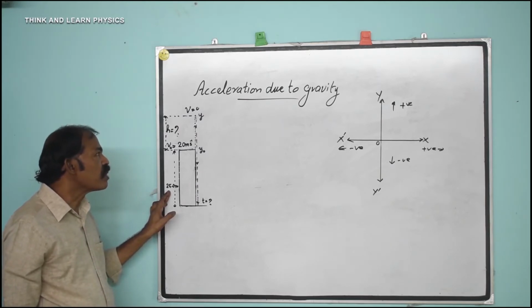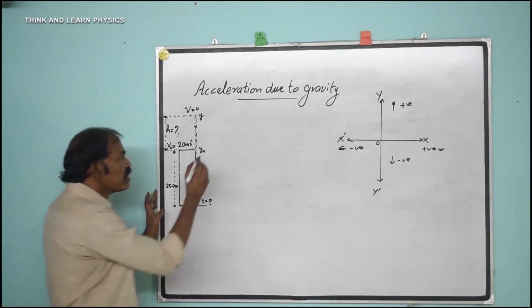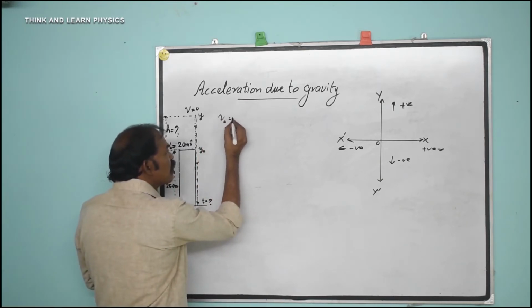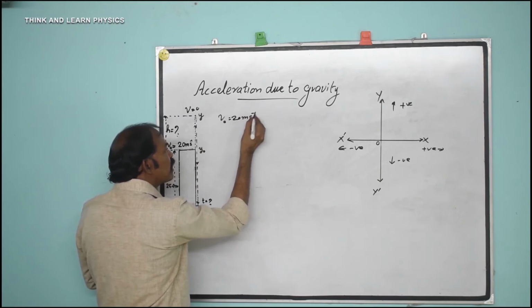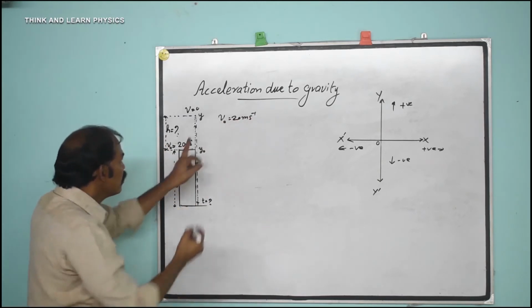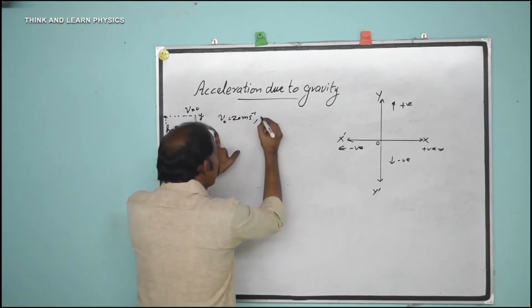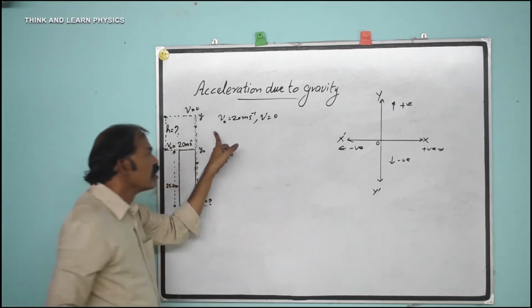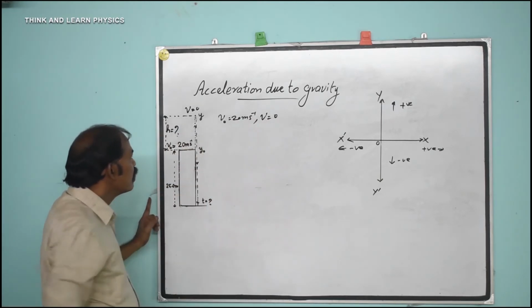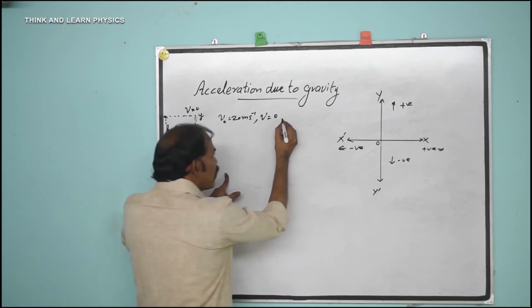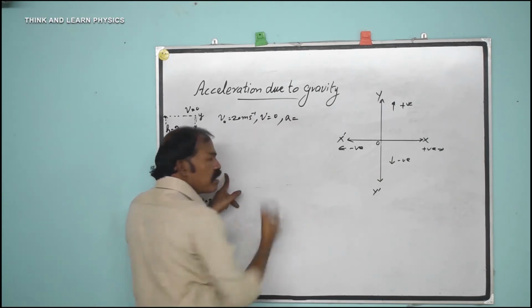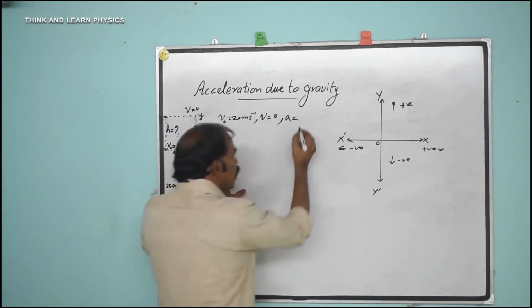When we consider the upward motion only, we can write the initial velocity v0 equals 20 meter per second. Then at the highest point velocity reduces to 0, so v equals 0, and here acceleration due to gravity is approximately going to be 10.